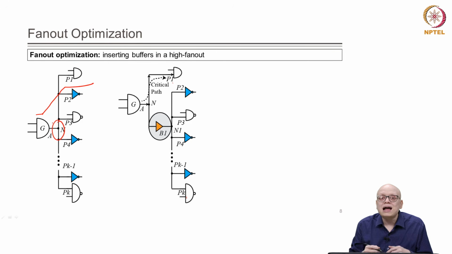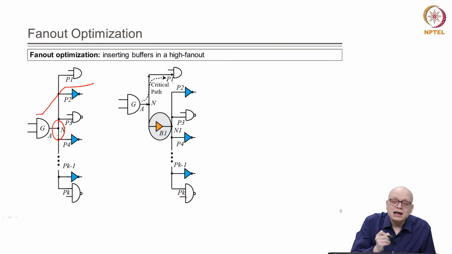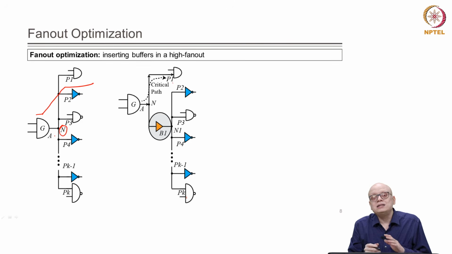In that case we can add buffers to this net N, and as a result of that the output slew violation and the max capacitance violation can be fixed. How can we do it? Let us see.